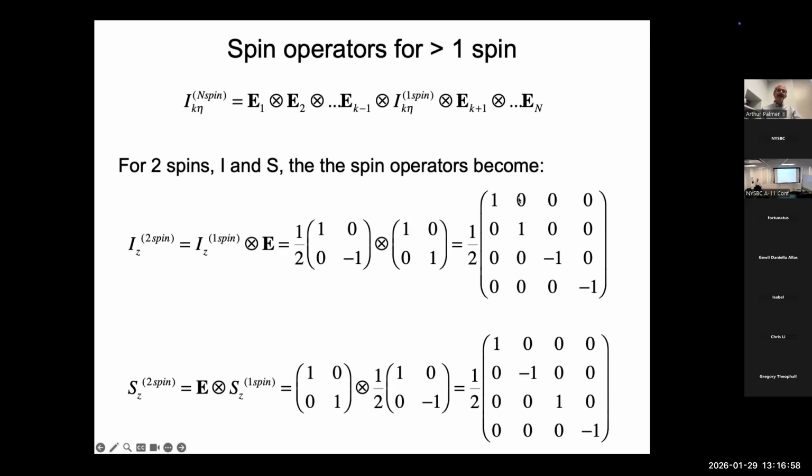So this says I take all the alpha populations of the I spin, subtract off all the beta populations of the I spin, and that gives me the magnetization of the I spin in the two spin state. So here I've done the two spin SZ, do the same thing. I get this matrix. This is alpha alpha. This is beta alpha. This is alpha beta, and this is beta beta.